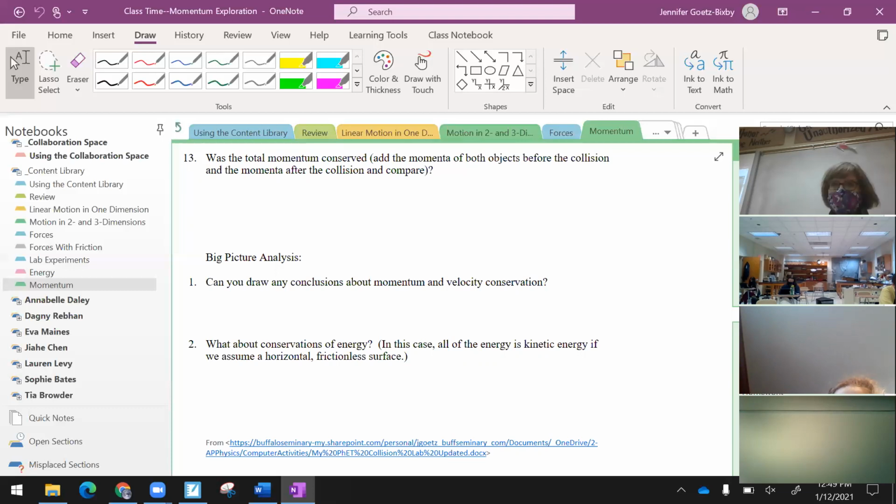Was it conserved sometimes? What does conserved mean? Dagny? Yeah, it stays the same. Okay, so velocity was conserved sometimes. In which situations was the velocity conserved? Dagny? Elastic, in between both equal mass.